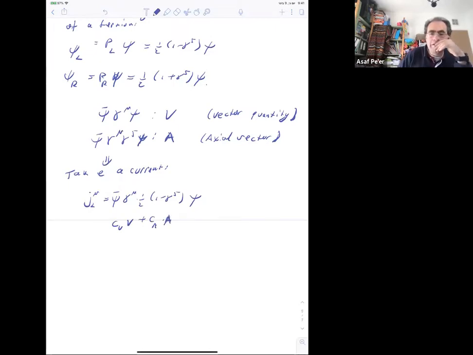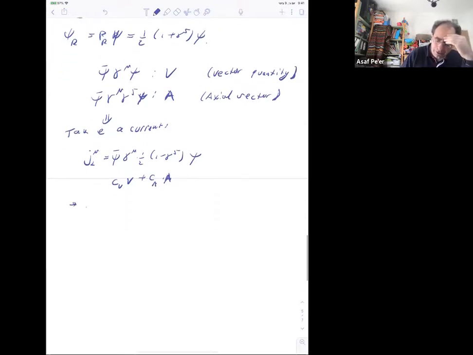Which, as we said, is exactly what we're after. Because this quantity is not conserving parity, so it's not an eigenstate of the parity operator. But that's what happens in the weak interaction. The weak interaction does not conserve parity, right?